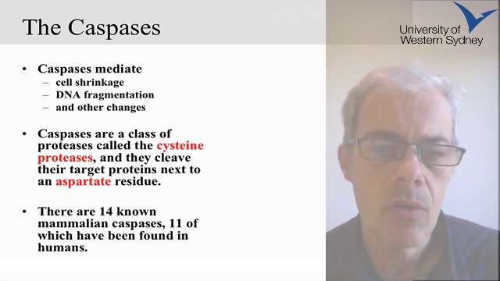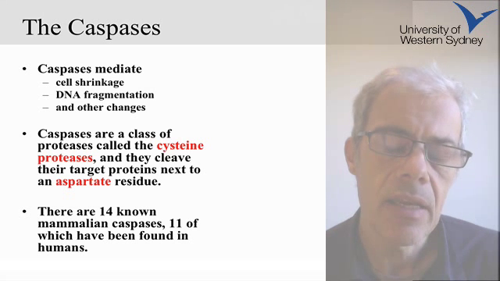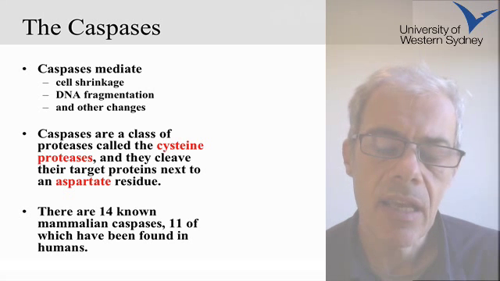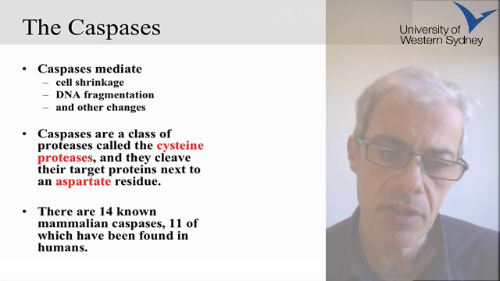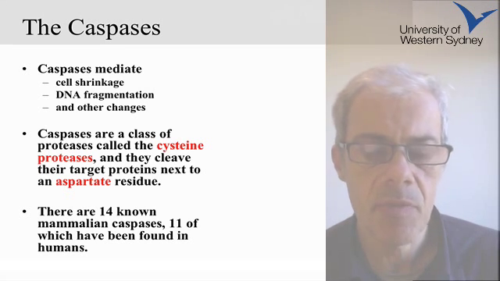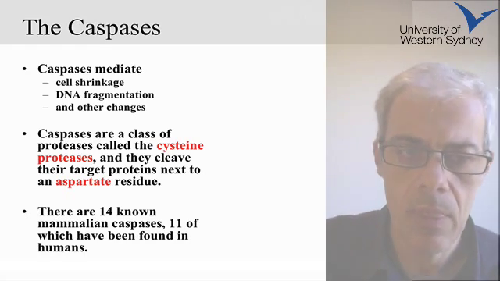Now, they're called cysteine proteases because they have a cysteine residue in the catalytic site, and they cleave other proteins adjacent to aspartate residues. So the term caspase comes from the fact that they're cysteine aspartate proteases.